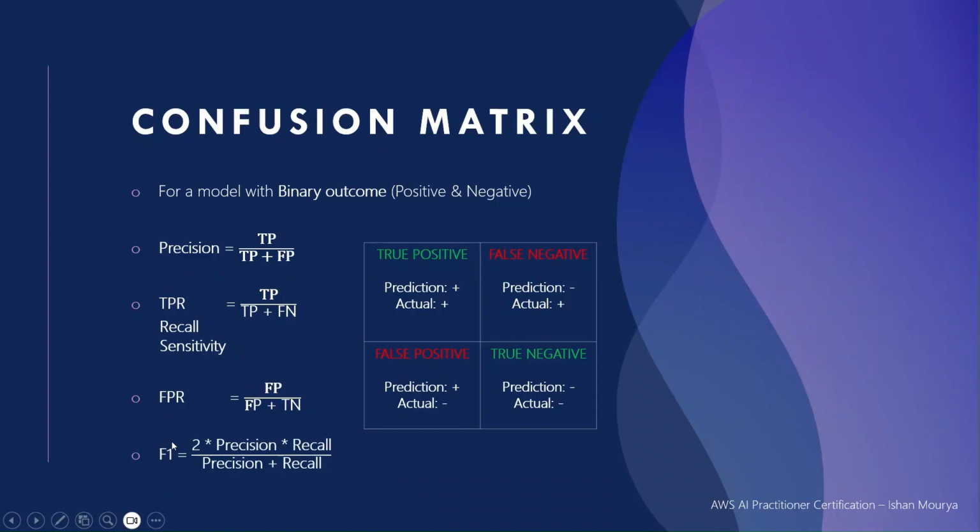Now there is the F1 score. F1 score is based on the precision and recall you already calculated, and it is a kind of mean of them. Again, no need to know the formula. Just remember F1 is a mean score, and this is your model score.